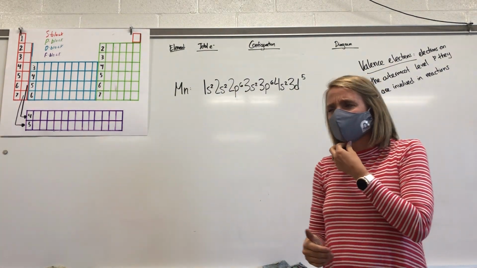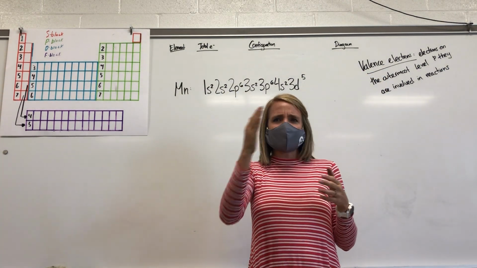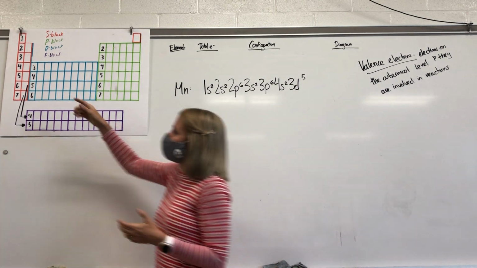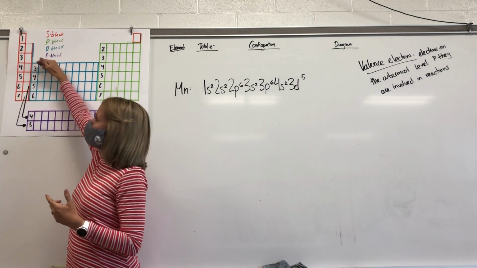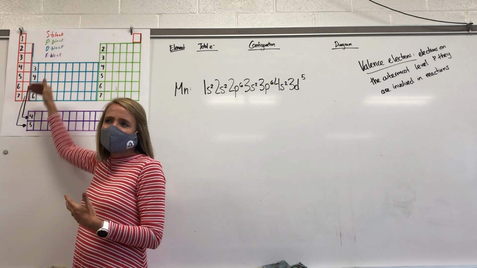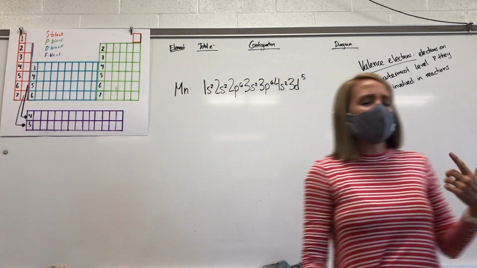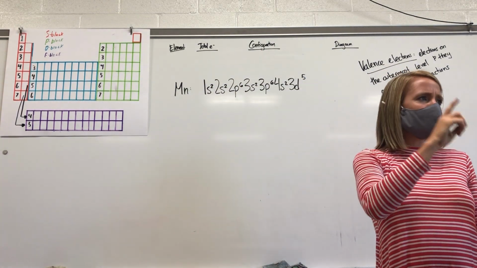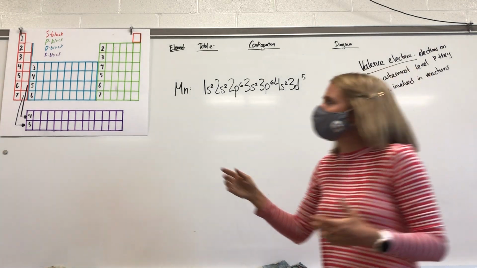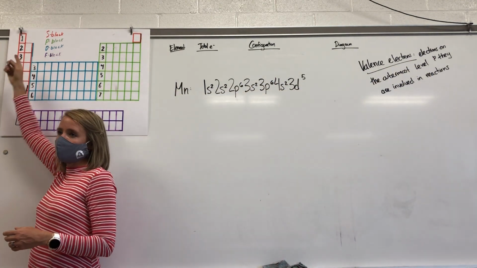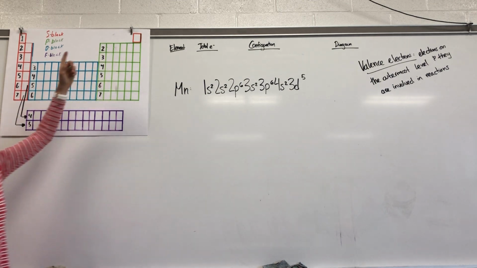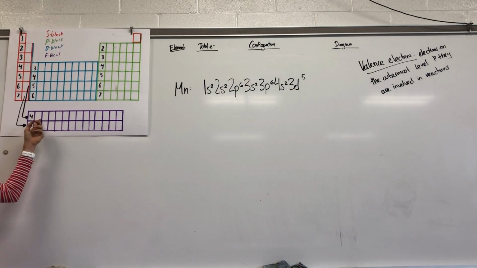One of my students came up with the saying, d's are shifted down, because the d orbitals are shifted down from what they should be. The other thing is if you count the starting number for each, it goes in order: s starts with 1, p starts with 2, d starts with 3, f starts with 4.